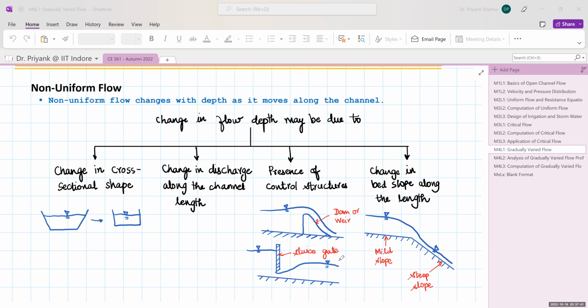And if there is some change in the bed slope, so originally the slope of the river is mild and there is some natural topographic gradient where it is steep, usually the waterfalls where all of a sudden you get a very abrupt drop, so there is a change in the slope. So these all conditions may lead to non-uniformity in the flow.